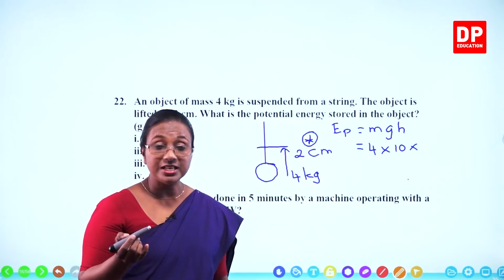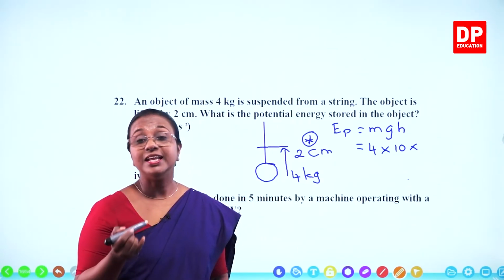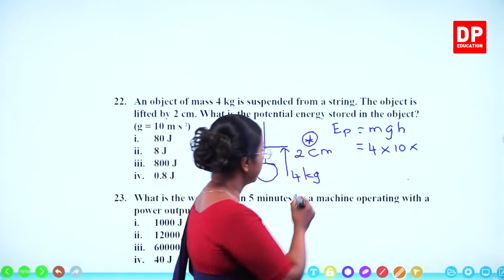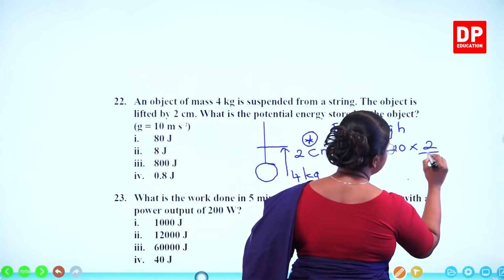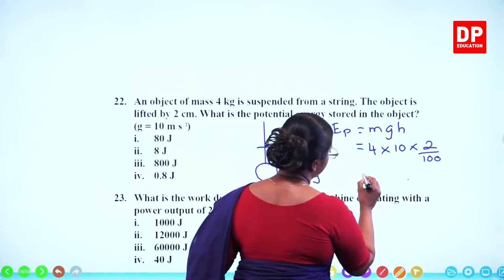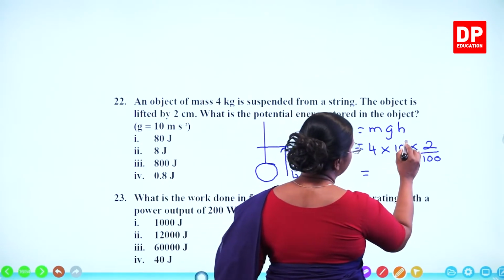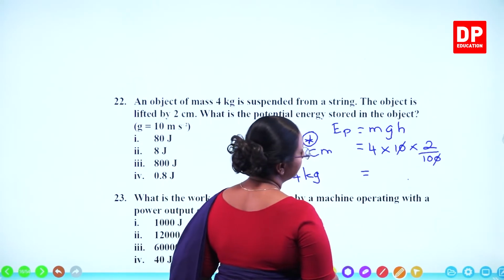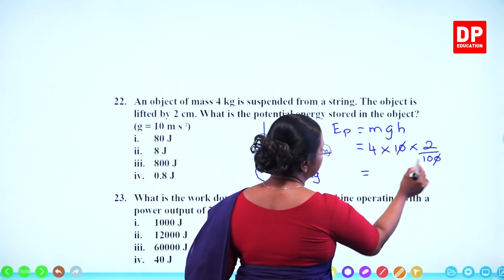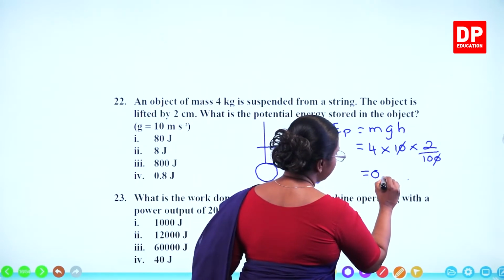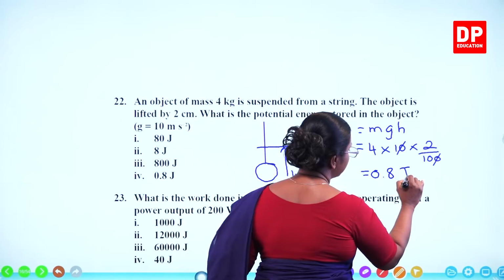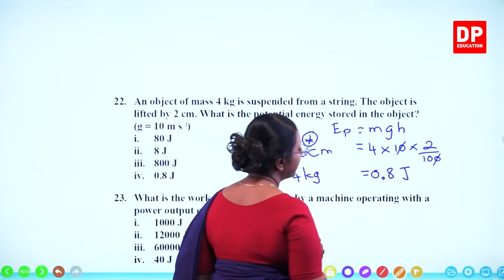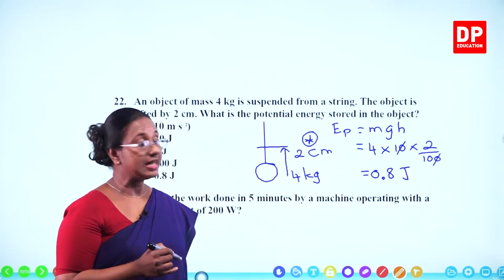So can we use it in centimeters? No, we need to convert it to meters. So 2 centimeters divided by 100. Then of course you will get the answer as 10, 100 you can simplify. So 8 divided by 10, 0.8 joules. 0.8 joules. That is the answer.